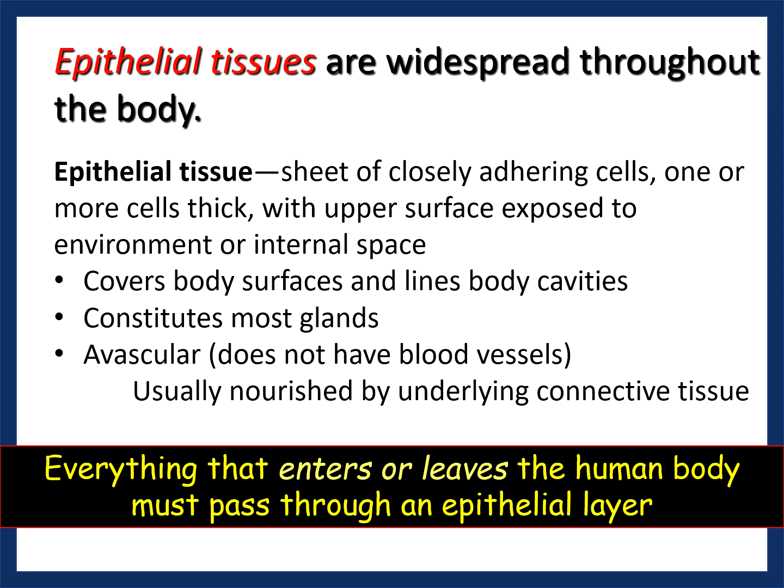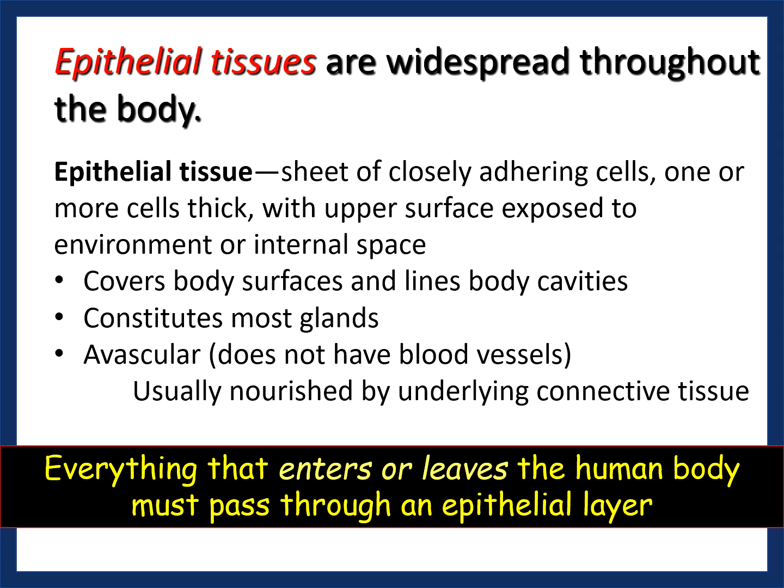And this tissue is avascular. A means without, vascular indicates blood vessels. So these tissues do not have access to a blood vessel themselves. They rely on diffusion of nutrients from blood vessels that are found in the underlying layers, that's typically a connective tissue.